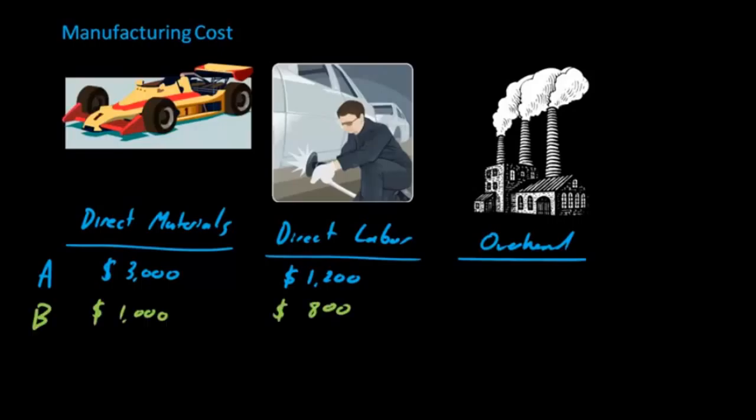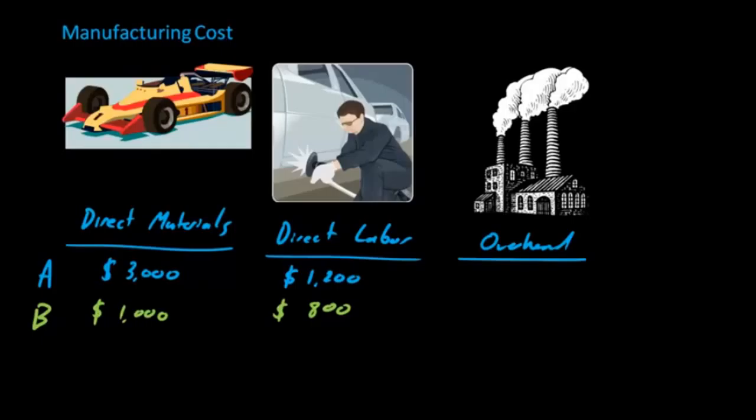And then let's say that this factory also produces car type B, and say that car type B uses $1,000 in direct materials and $800 in labor. And again, we know these amounts because direct materials and direct labor are directly traceable to the car, right? And so we know exactly how much was used for car A and how much was used for car B.